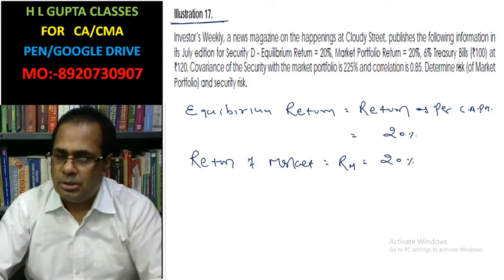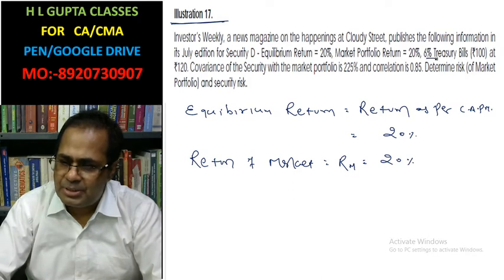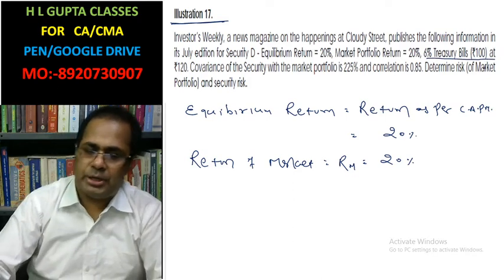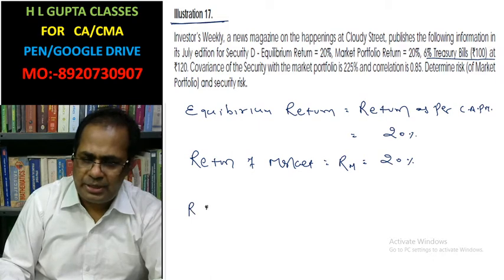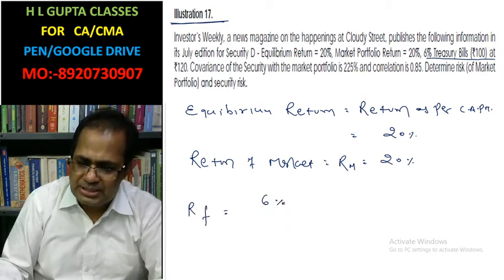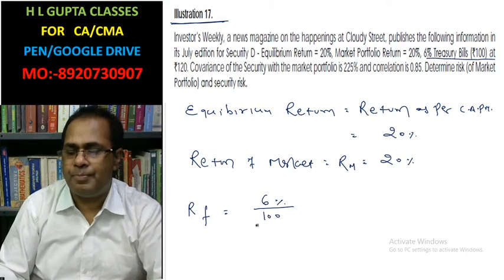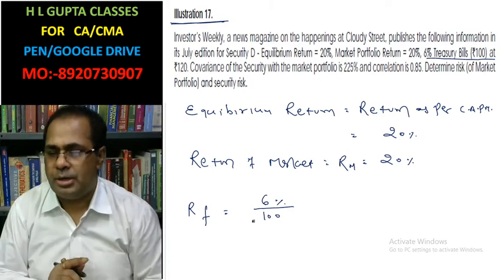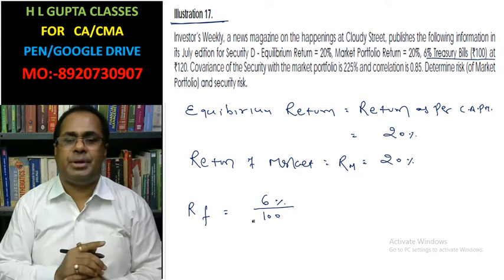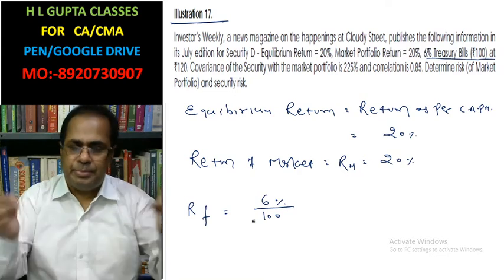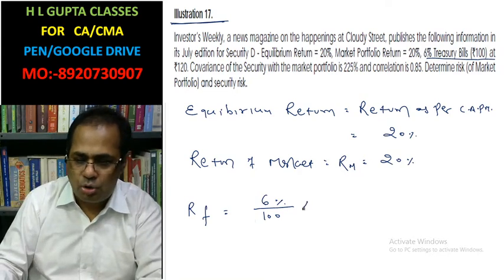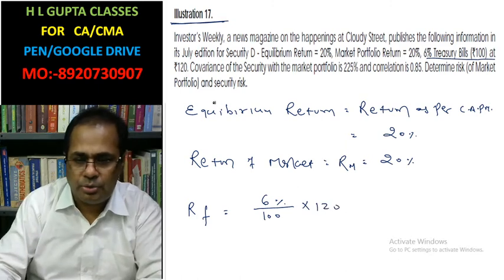Look at the treasury bill, 6% return from the treasury bill. Risk free return 6% when you had purchased at rupees 100, but the same treasury bill price has grown up to 120.